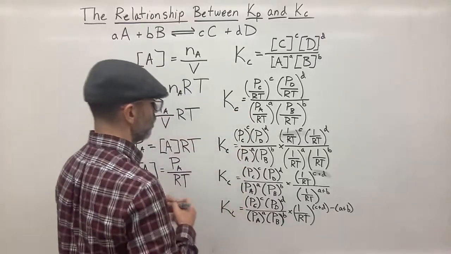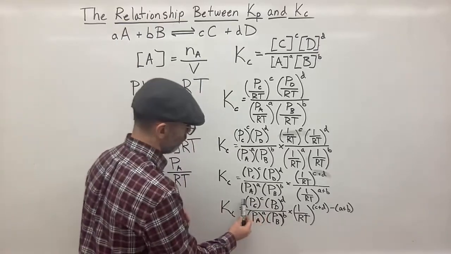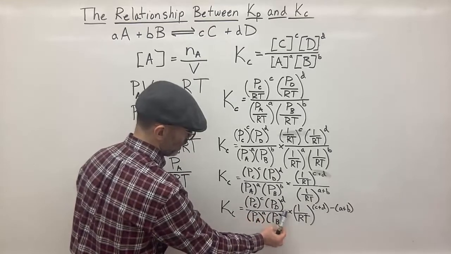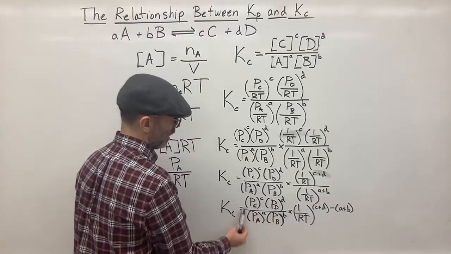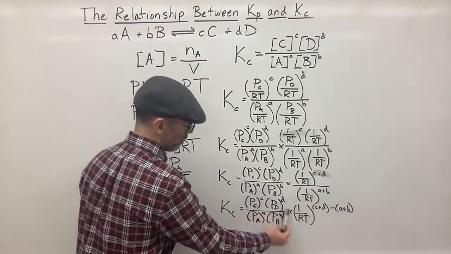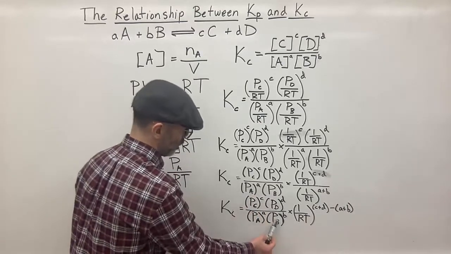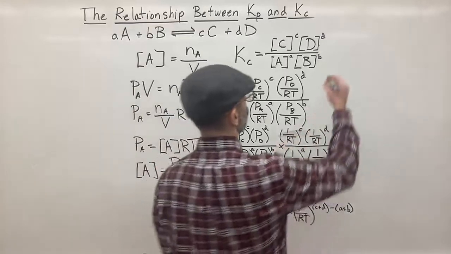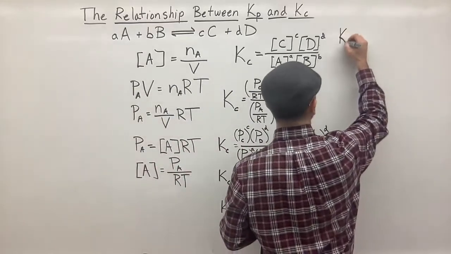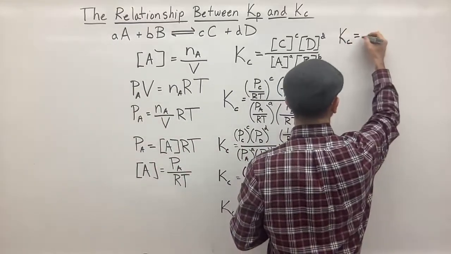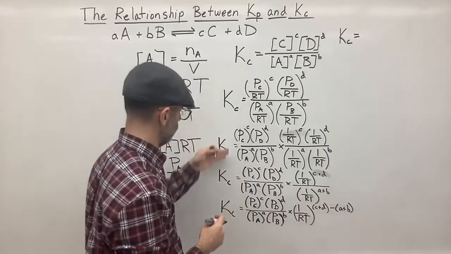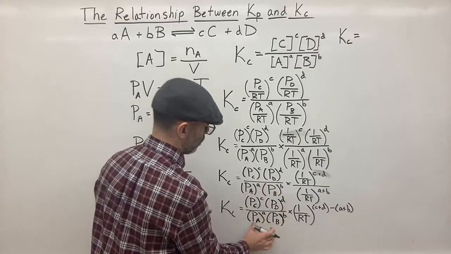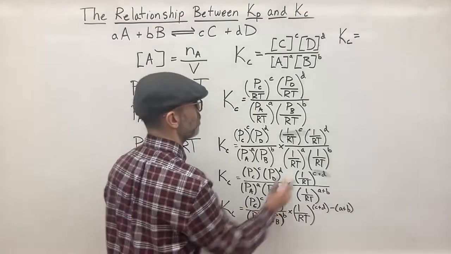So right there. Now, if you recognize this, this here is the expression of the equilibrium constant in terms of pressure. So that's going to be Kp. So then if we write it up here, so Kc, that's why I made a mistake here. So this should be Kc. So then this is the equilibrium expression in terms of Kp.